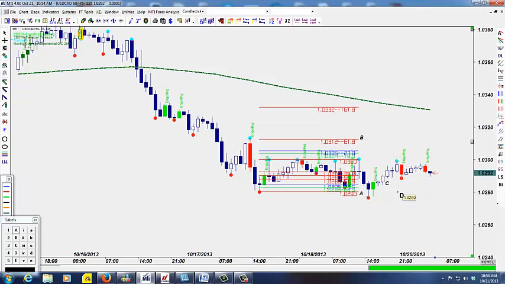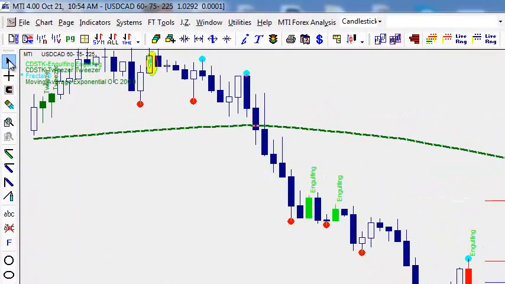Would you be in the trade yet? Don't know. I don't like these candles, they look weak, right? I want a bullish candle. I want a candle that I know is going to make it to the D extension.